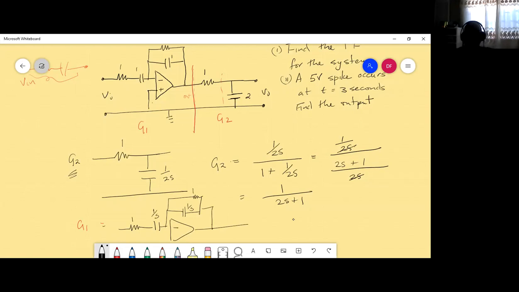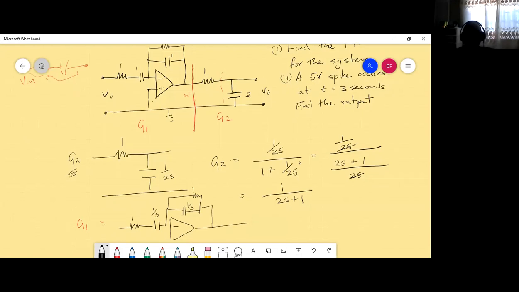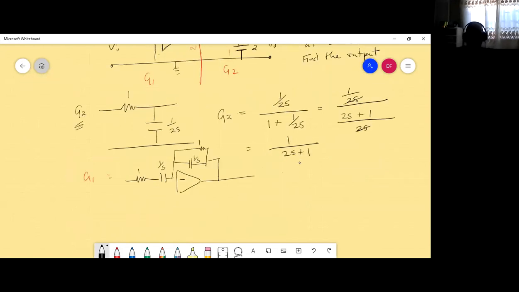So in this case, Z1 is equal to 1 plus 1 over S, and Z2 is 1 in parallel with 1 over S.